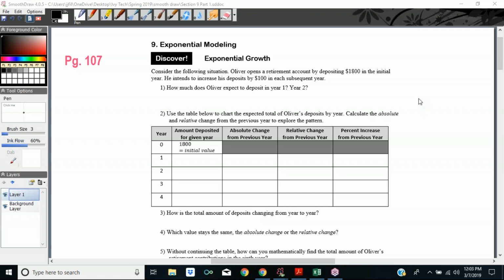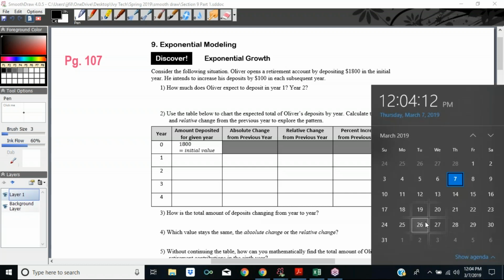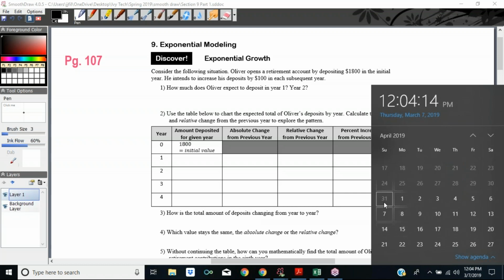We do have an exam coming up, our second exam. It covers, looks like, sections 7 through 12. And that is going to be the week of April 1st. Let me look at my calendar here. So yeah, March 31st, April 1st.